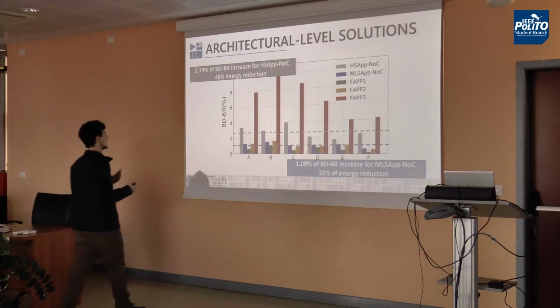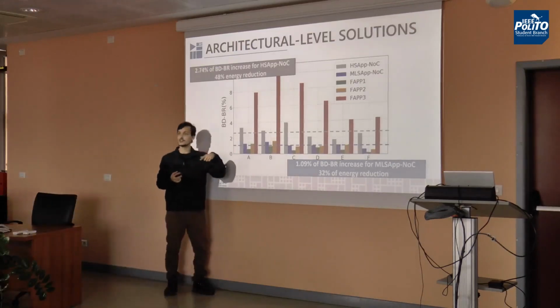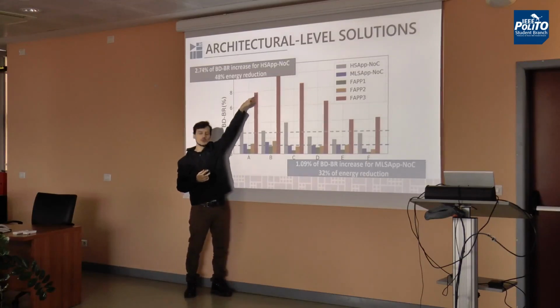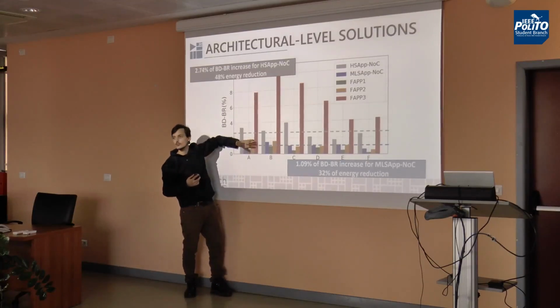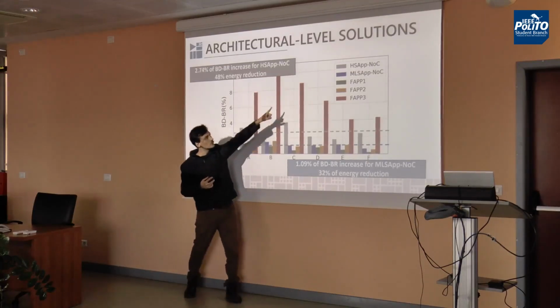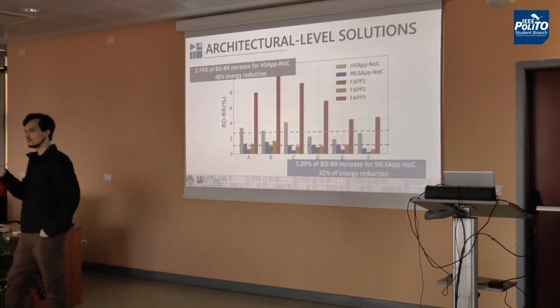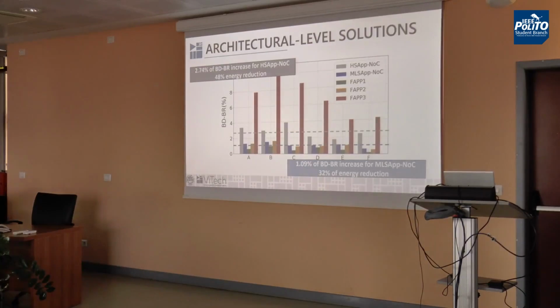We want to provide solutions that are energy efficient, so we can reduce energy, but we don't want to be here. We want to be somewhere closer to these bars. So that's what you see in this H, that's the heuristic-based runtime manager, and the ML, that's machine learning-based management. It's not fancy. It's based on decision trees, right?